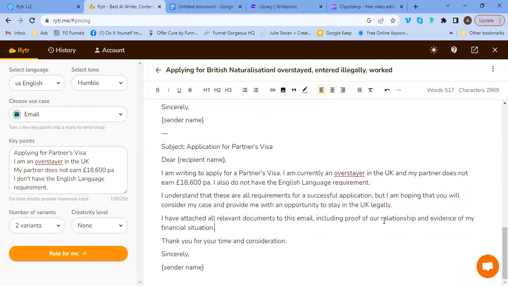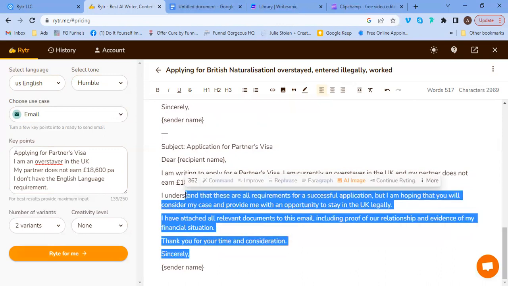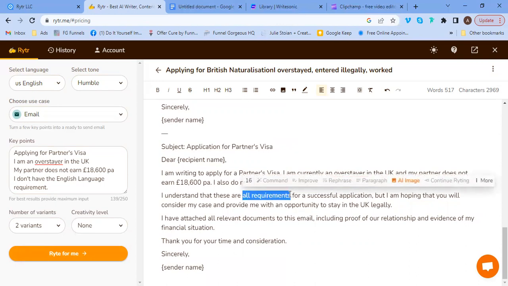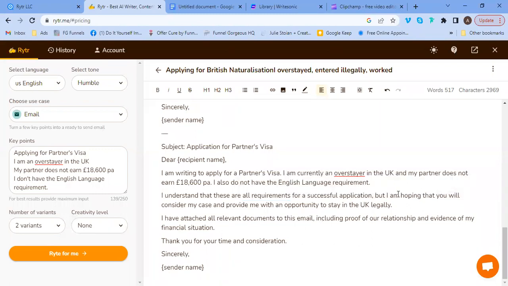Now, this is not bad at all. So what we need to change is this. I understand that these are all the requirements. It's not really all the requirements. Okay, so there are other requirements as well. So you may need to change that. But I'm hoping that you'll consider my case and provide me with an opportunity to stay in the UK legally. I have attached all the documents to this email.